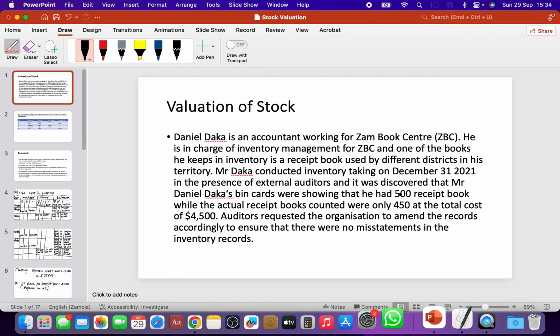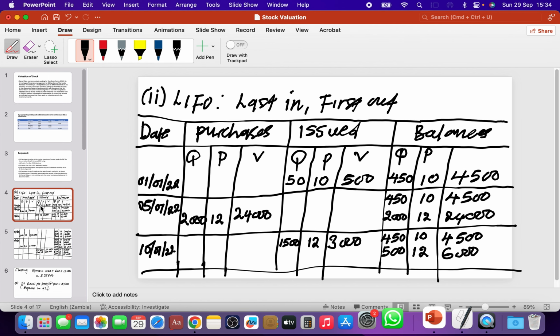It therefore means that 50 receipt books were missing. As a result, I will record them here under the issued column at the value of the 450 items, because this is coming from this batch here.